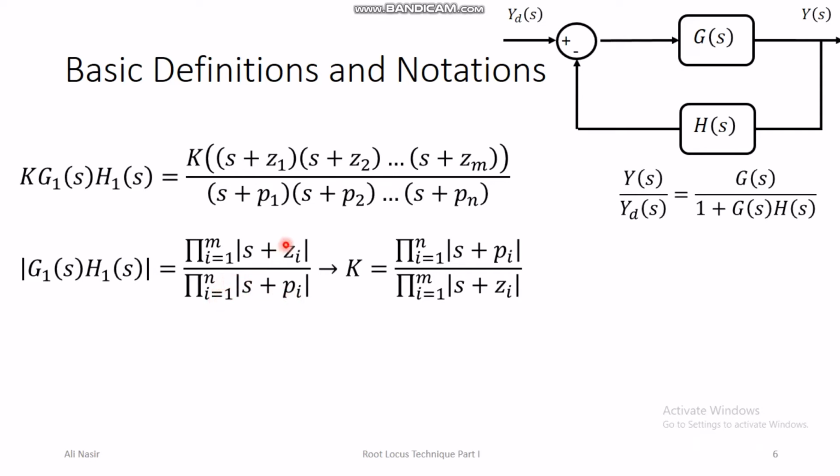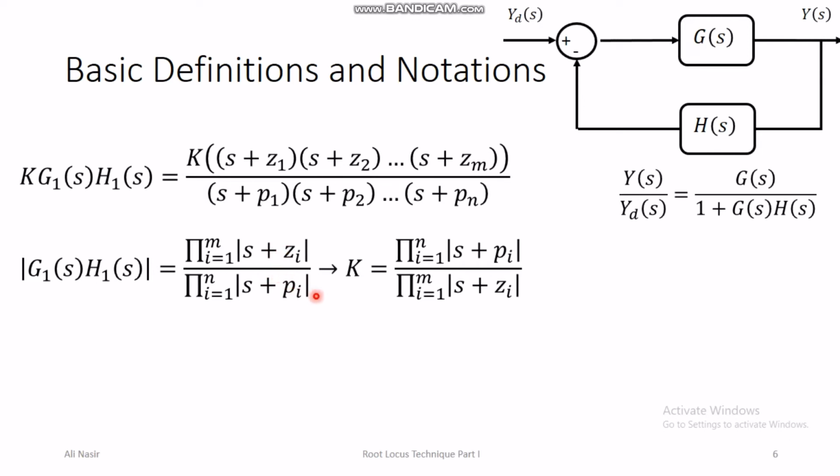This is straightforward from this expression. If we take the k out from both sides and take magnitude on both sides, then the magnitude of this complex number will be the ratio of the products of magnitudes of different complex numbers.